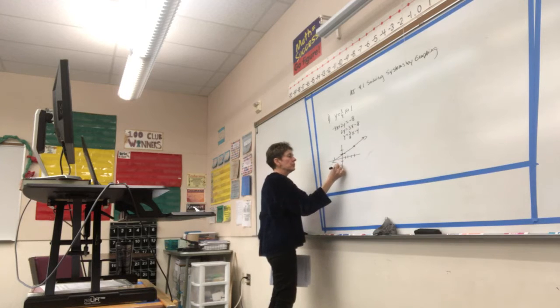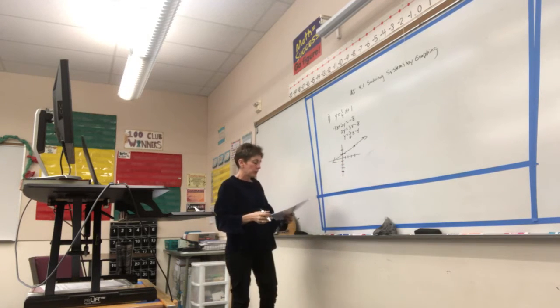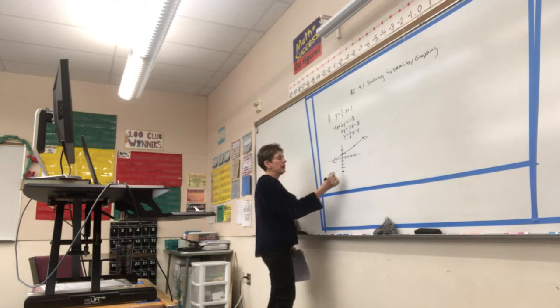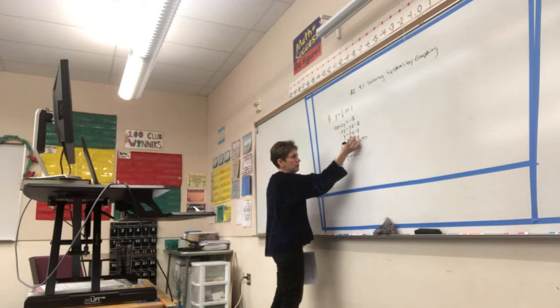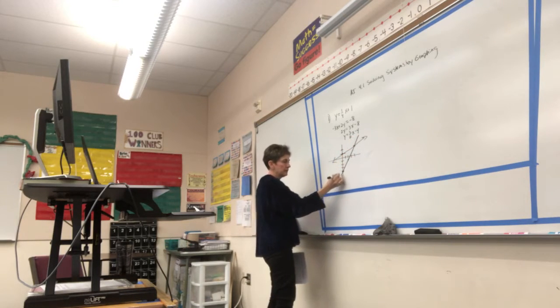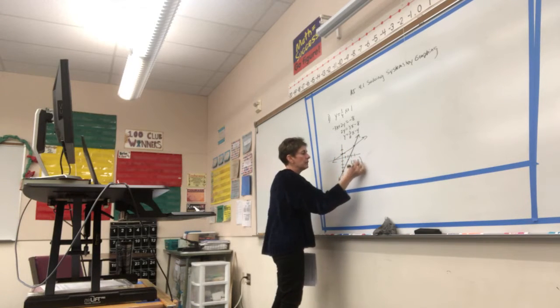When we do, we see that this line has a y-intercept of negative 4 and a slope of up 3/2. And so the two lines do cross, and they cross at the point 4, 2.